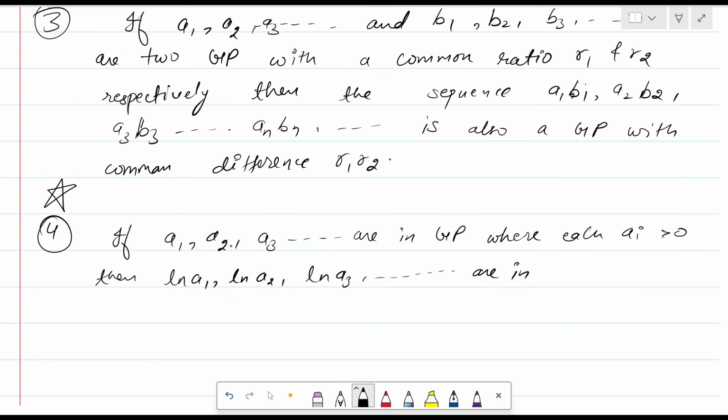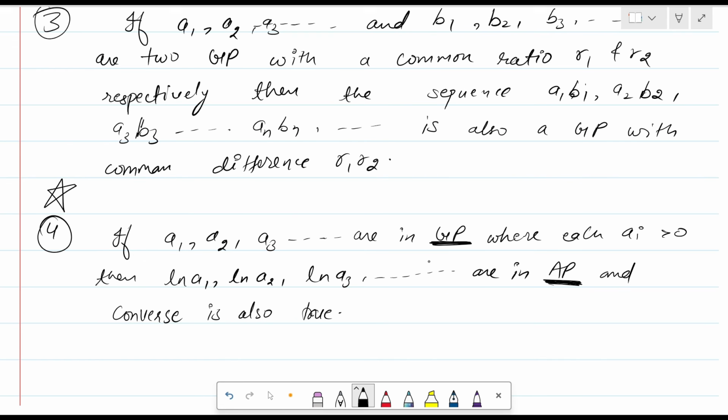If these are in GP, then ln A1, ln A2, ln A3 are in AP, and the converse is also true. What is the meaning of the converse being true? Meaning if ln A1, ln A2, ln A3 are in AP, then A1, A2, A3 are in GP. Okay, this is an important property. Remember this.